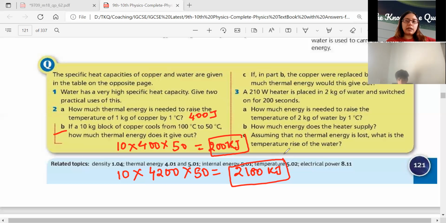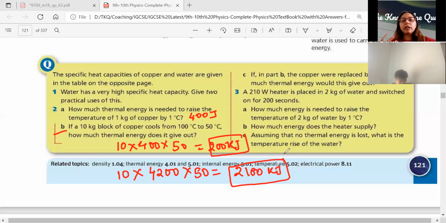You have a stomach pain, you have a headache, you always use a water bag. Why? Because of its high specific heat capacity. Exactly. And it is able to give out a lot of heat for a very long time. Because the specific heat capacity is so high, it can hold a lot of heat.